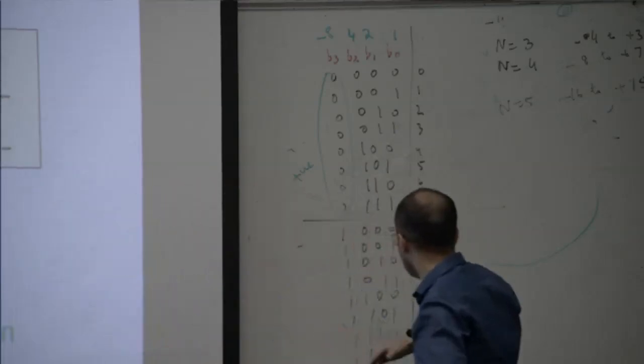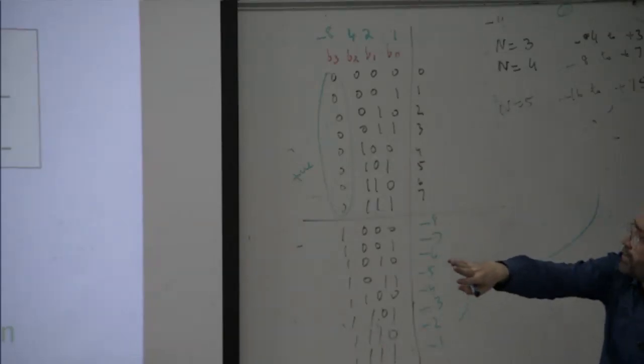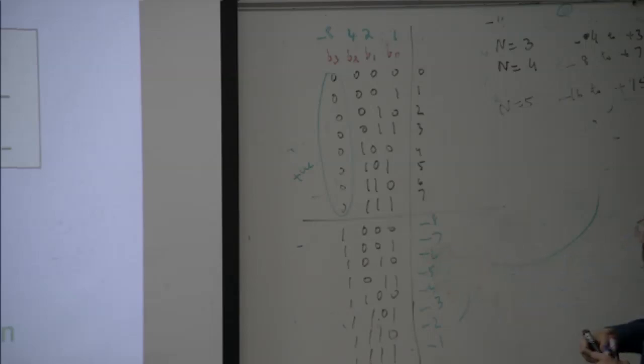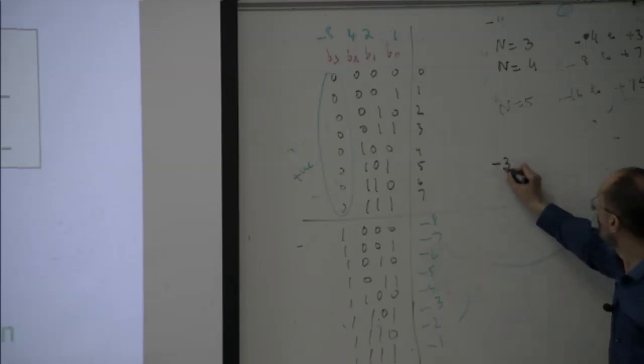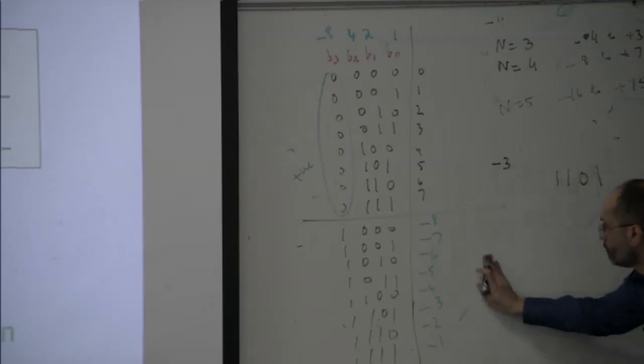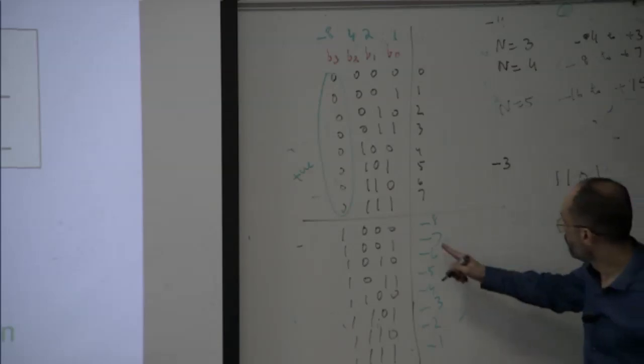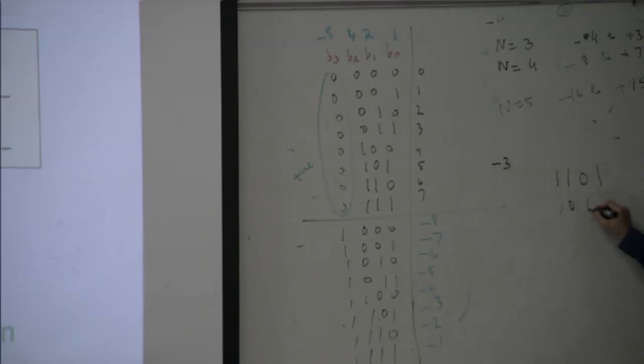Okay. Now, talking in general. Please look at here. Minus 3. What is minus 3? Look at the table. 1101. And then minus 6, 1010.